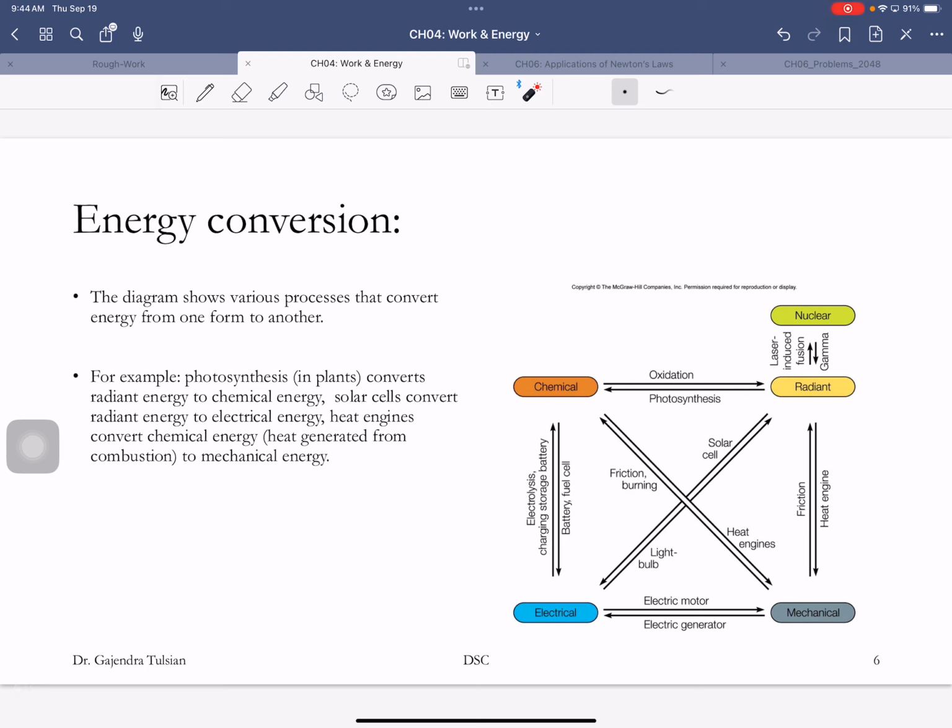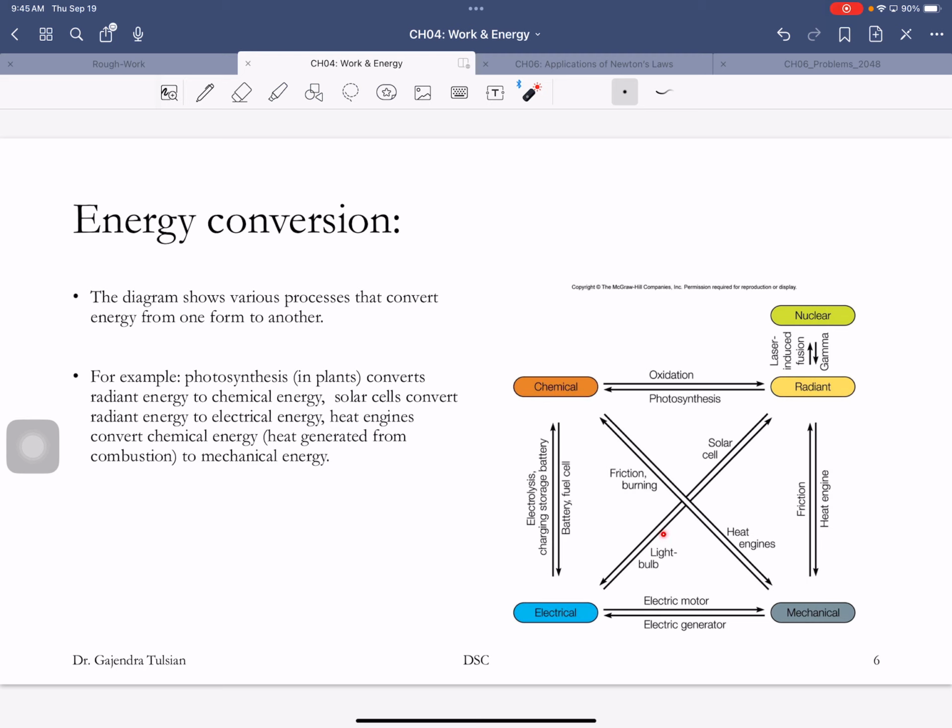All right, so everything we do from an energy perspective, we're just converting energy from one form to another, or we're transferring it from one object to another. Okay, so here are various devices. From the sun, you get electromagnetic energy, and solar cells can convert it into electrical energy.